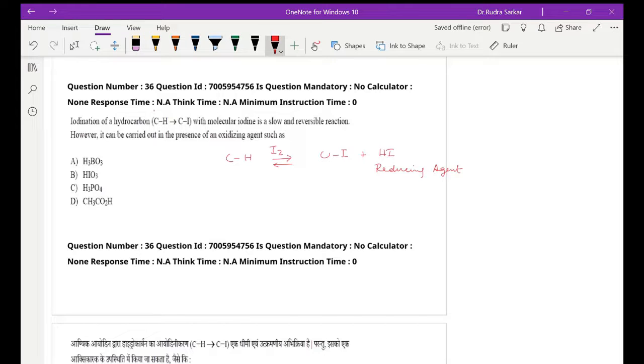So if one can consume this using an oxidizing agent such as HIO3, which will produce molecular iodine, then in those cases the reaction will become irreversible, which is this one. So out here the correct answer is going to be HIO3.